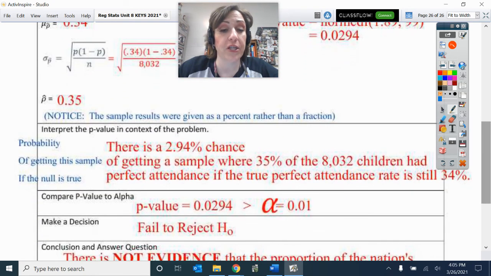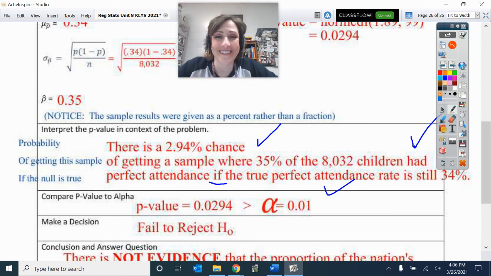All right, that is all three of those problems.